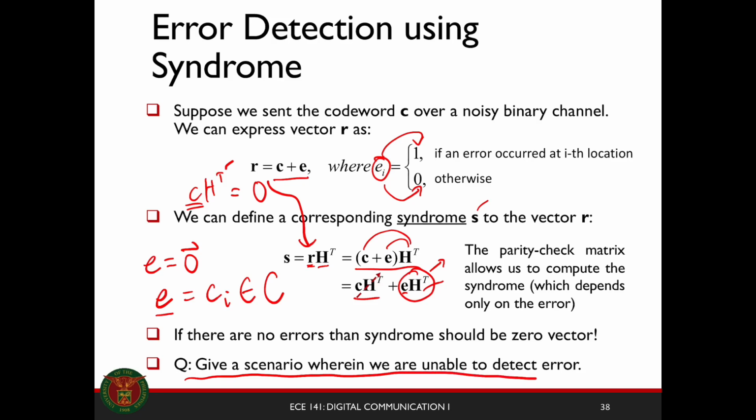That is a scenario wherein we are not able to detect an error, and that's the significance of your minimum Hamming distance. If the weight of the error is equal to the minimum Hamming distance, chances are you won't be able to detect the error from your transmitted signal.